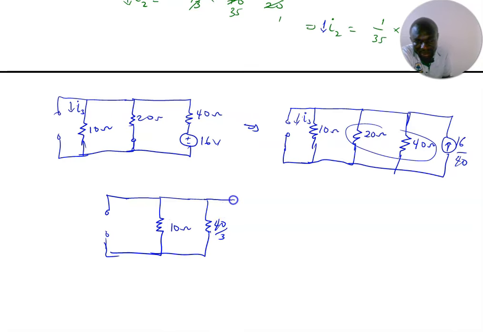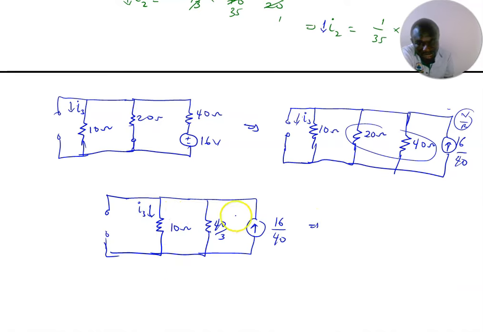Then finally we have our current source, which is going to be what? 16 on 40. Yes, the 16 on 40, like I said, was obtained from V on R. That is the I. Okay, so at this point, we can find the I3, which is moving downwards.